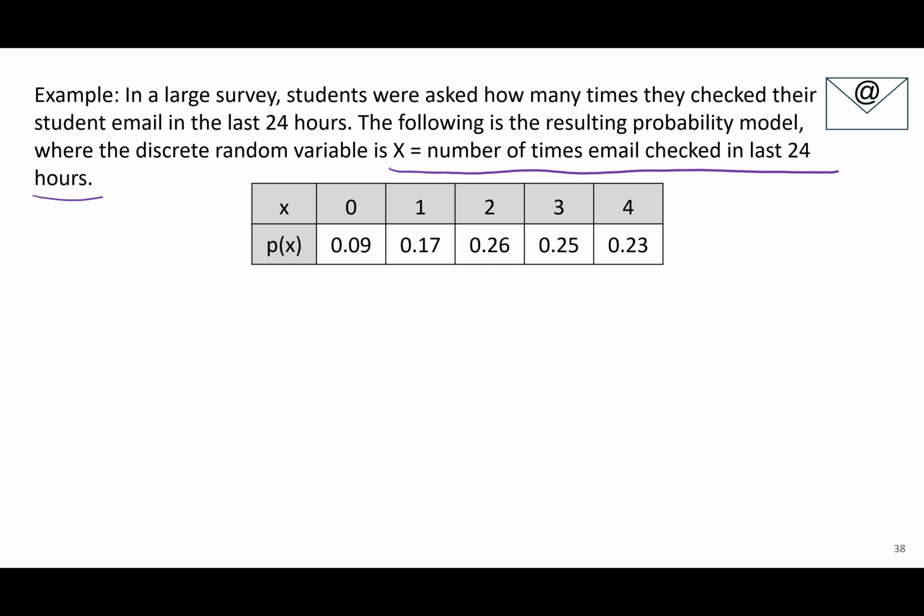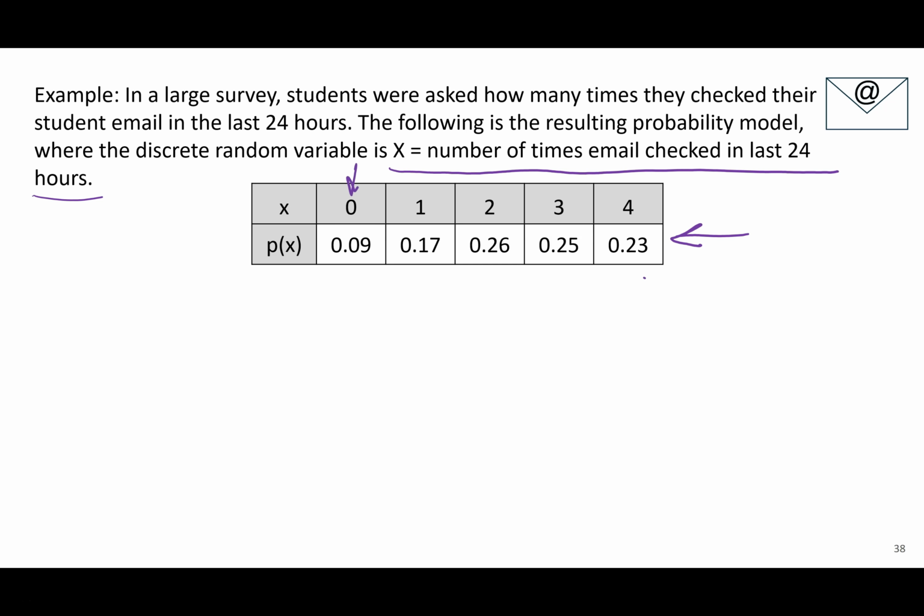So if I wanted to ask, is this a legitimate probability model? There are a number of things I could look at. If you look at these probabilities here, they are all between 0 and 1, so that's good. Further, if I added those probabilities together, that sum should equal 1. So the probability of all possible responses, if I add the probabilities together, I should get 1.